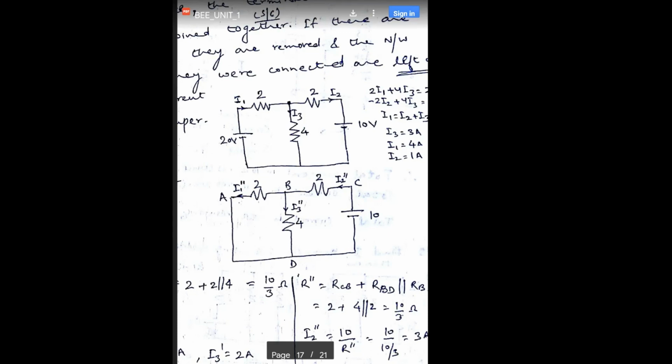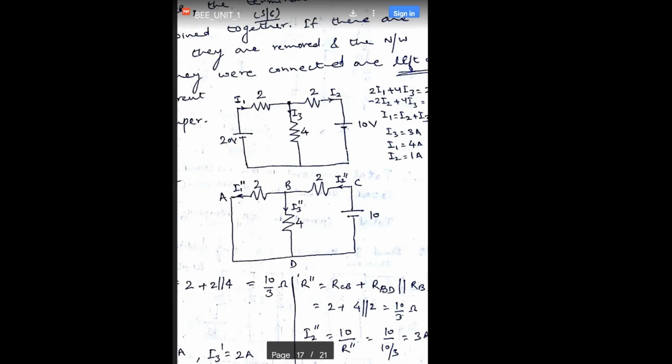Okay, and as in the case of Thevenin theorem and Norton's theorem, here also we may be asked to verify the superposition theorem.